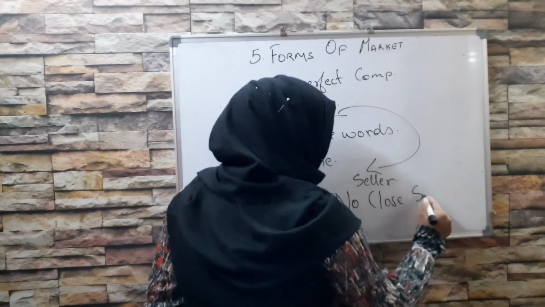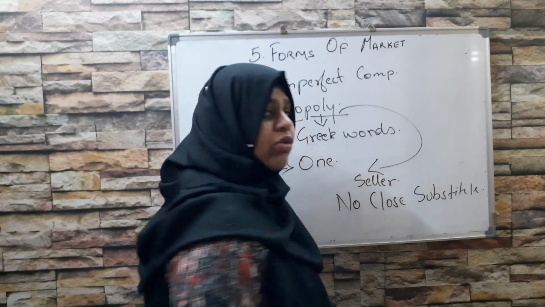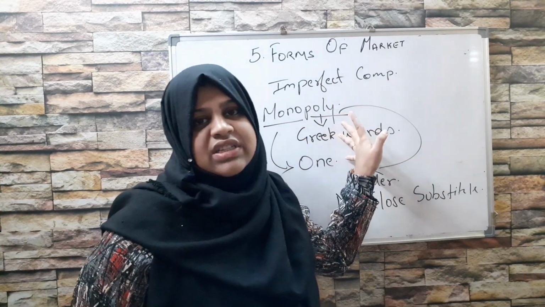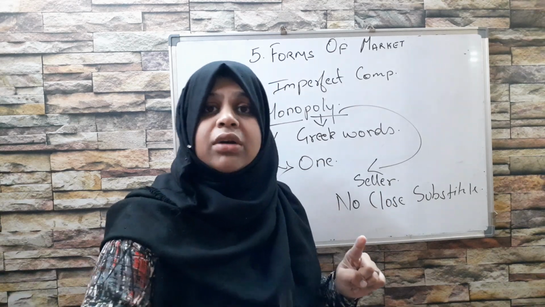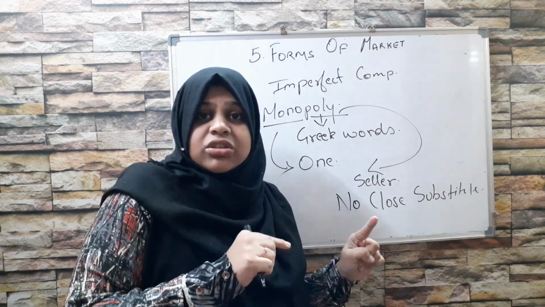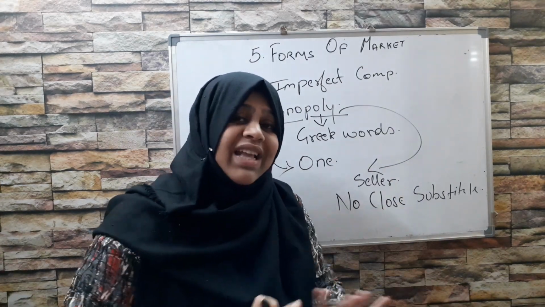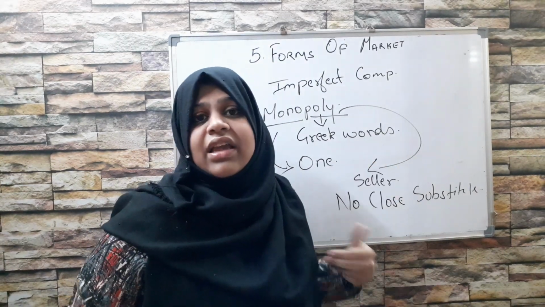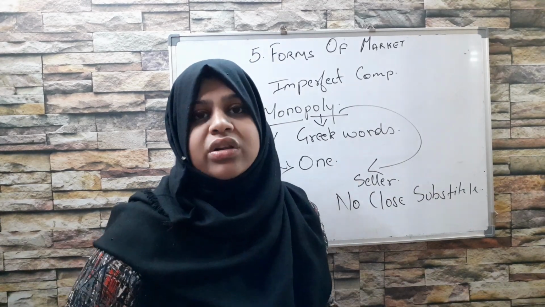Now this particular monopolist, this single seller, has such a unique product whose substitutes are not available with any other seller, and thus he is a monopolist. He has the entire control over the market.